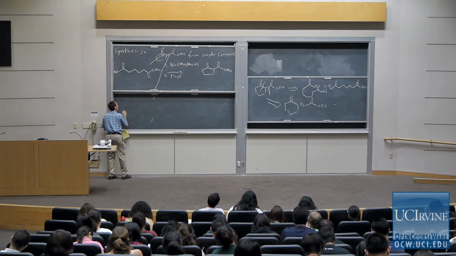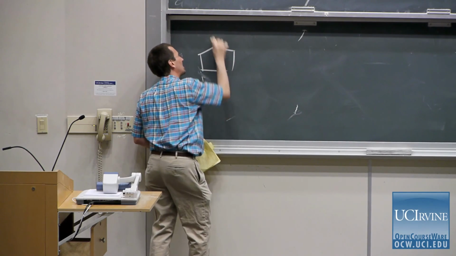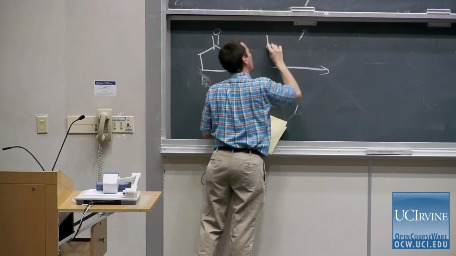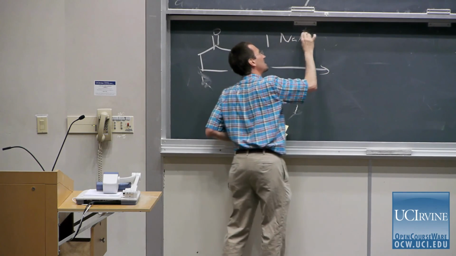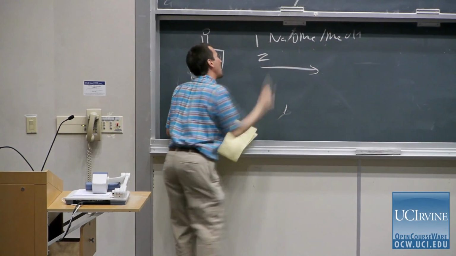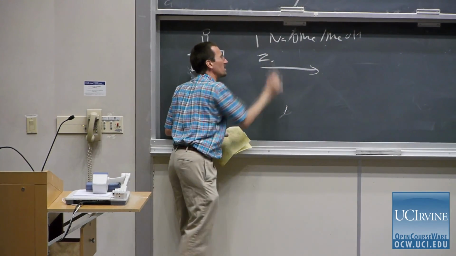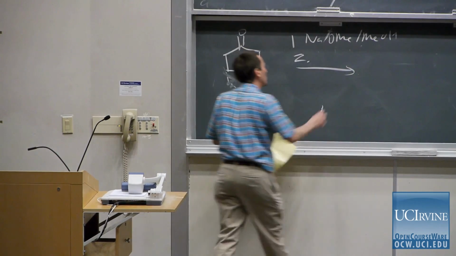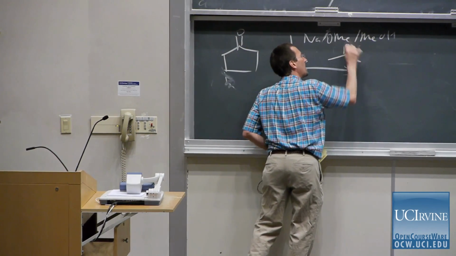And so we say, oh, wait a second, we can do a crossed Claisen. We take cyclopentanone, we'll take our favorite base, sodium methoxide. Now, I'm making life a little easier for you. I've done these reactions myself, and I've often done these reactions with sodium hydride as a base, but there are a bunch of bases you can use, and I'll make it simple.